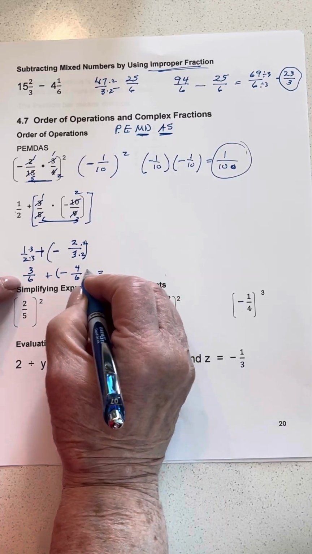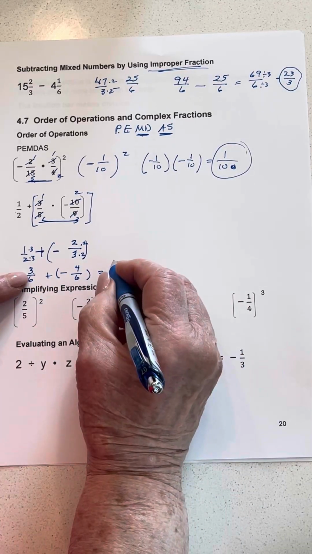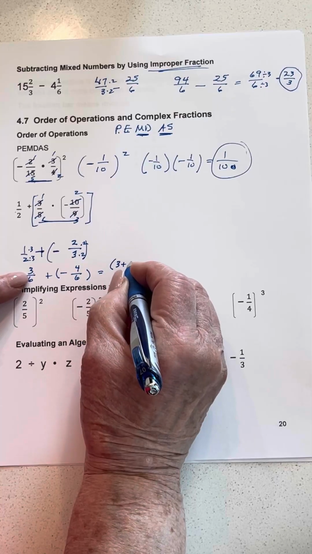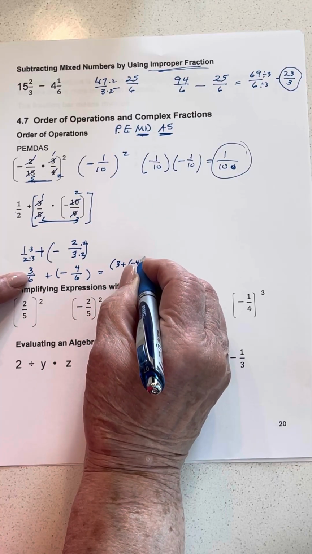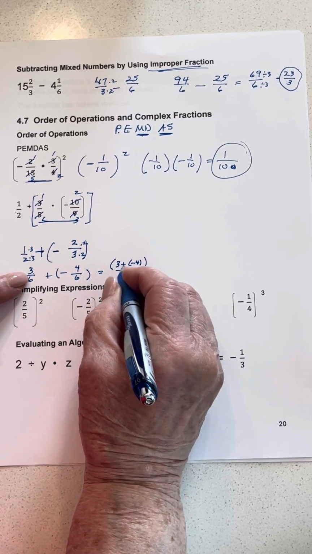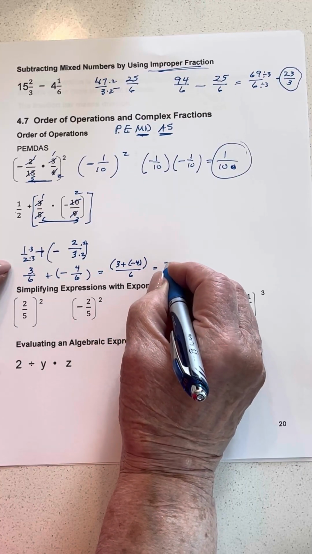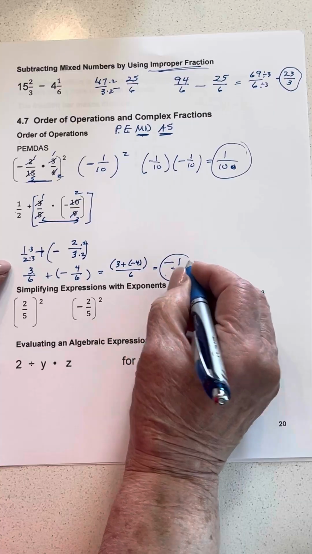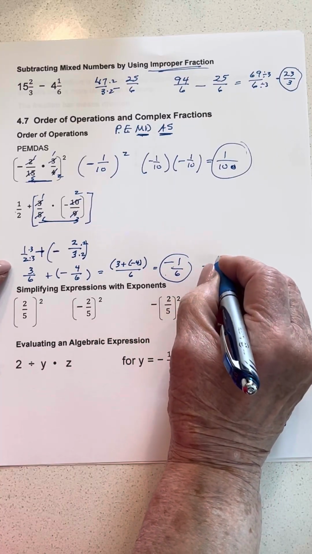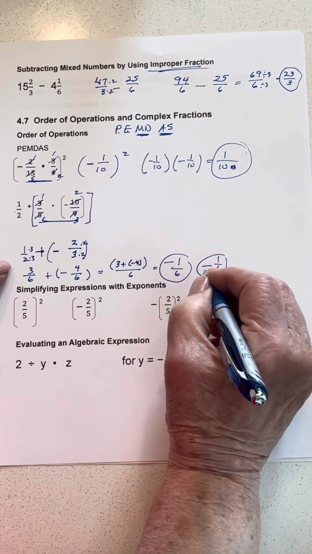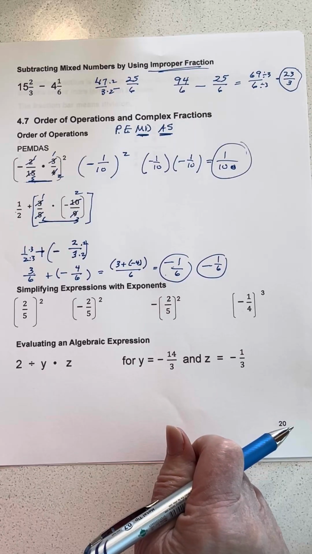So we're ready to go. On the top, we have 3 plus negative 4 over 6. And we have one more negative? So this would be negative 1/6. Either written that way, or you can write it like this way where the fraction is negative.